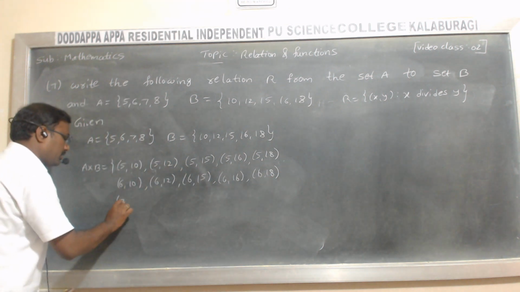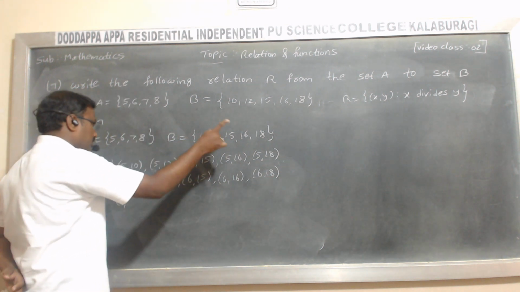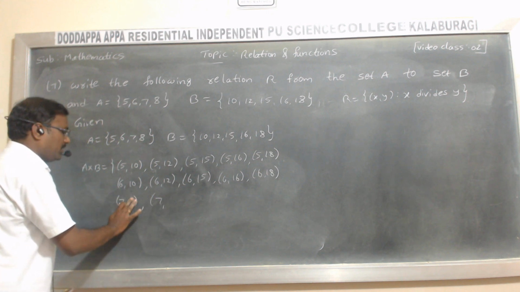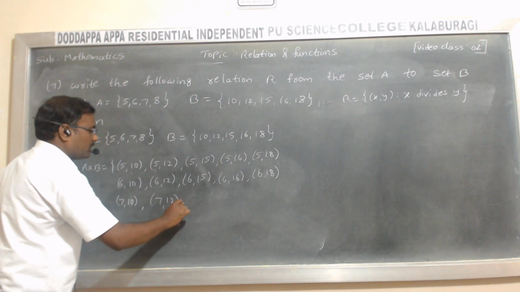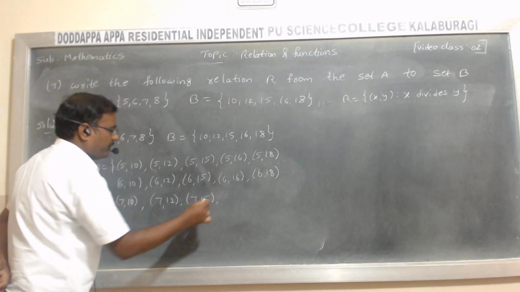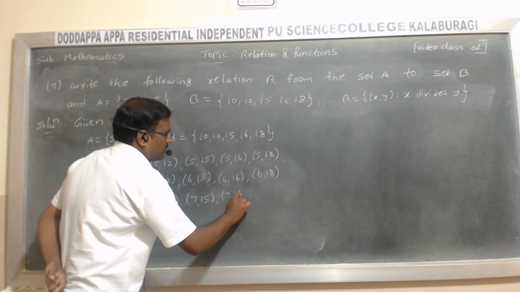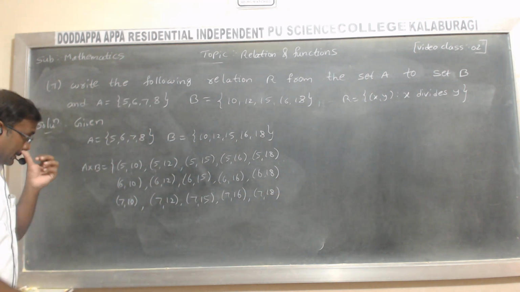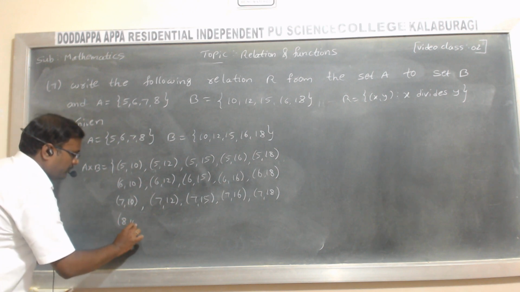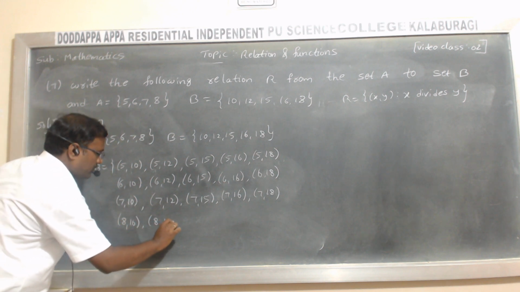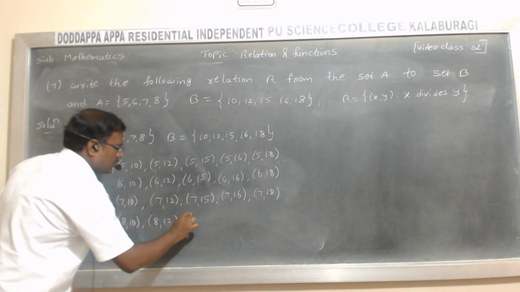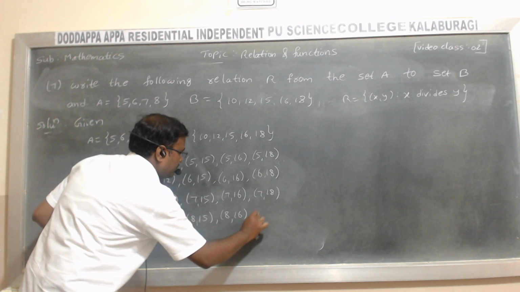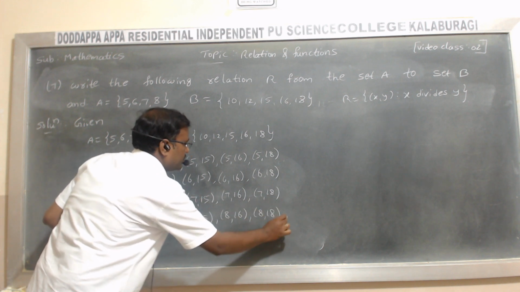Next, similarly, for the third element with the whole B set, 7 comma 10, 7 comma 12, 7 comma 15, 7 comma 16, 7 comma 18. Next, 8 comma 10, 8 comma 12, 8 comma 15, 8 comma 16, 8 comma 18.